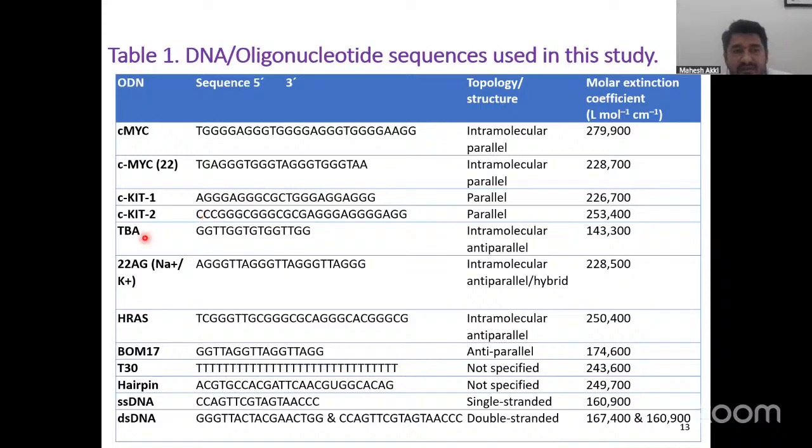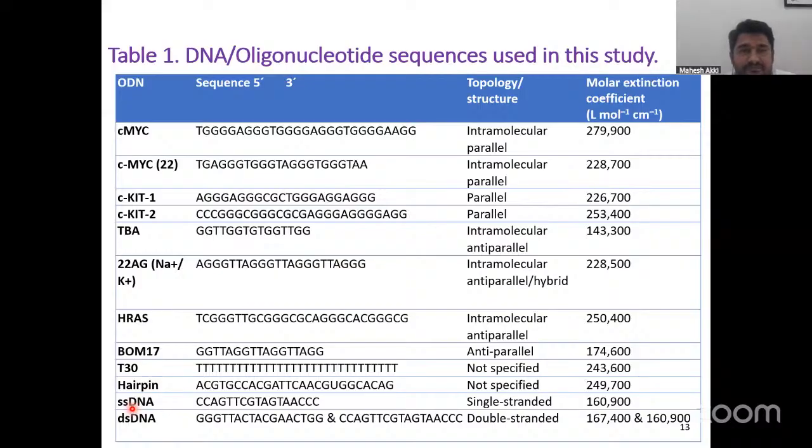TBA and 22AG are also listed. It is interesting to note that 22AG in the presence of sodium forms an anti-parallel structure, but in the presence of potassium it forms a hybrid structure. HRAS and Bom17 are anti-parallel in nature. Apart from this, we have used ssDNA and dsDNA, that is single stranded DNA and double stranded DNA, for our current study.